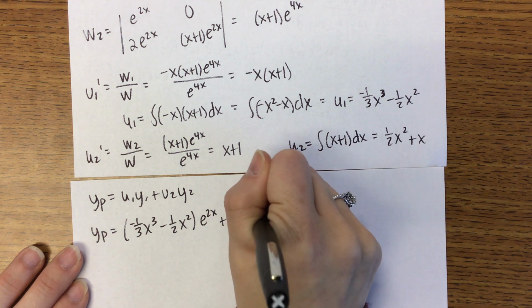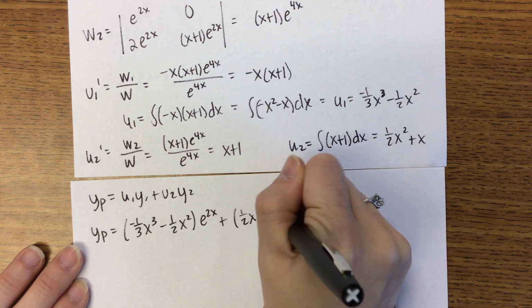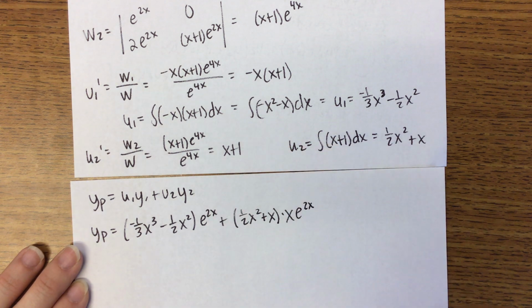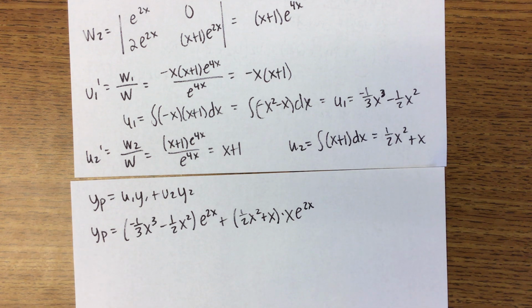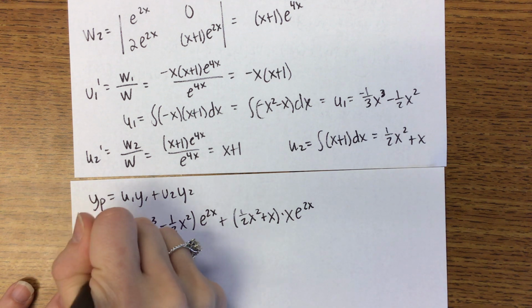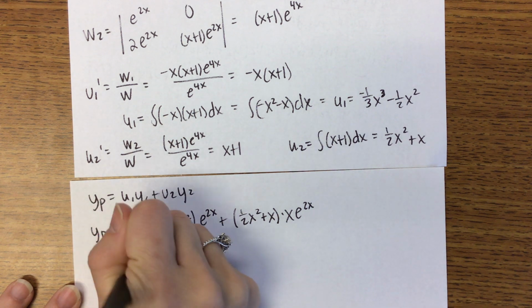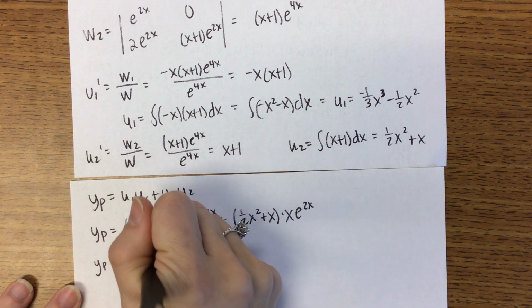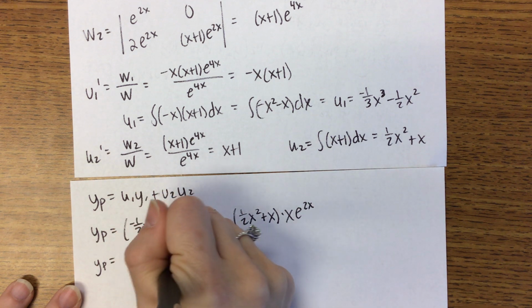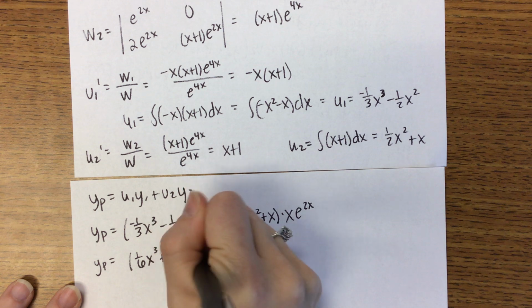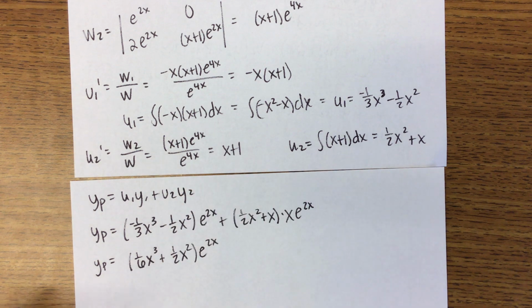U2 is that 1/2 x squared plus x times x e to the 2x. Simplify that if you can. I'll tell you it ends up being 1/6 x cubed plus 1/2 x squared e to the 2x.